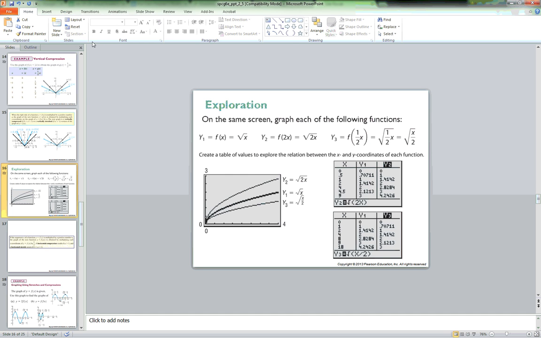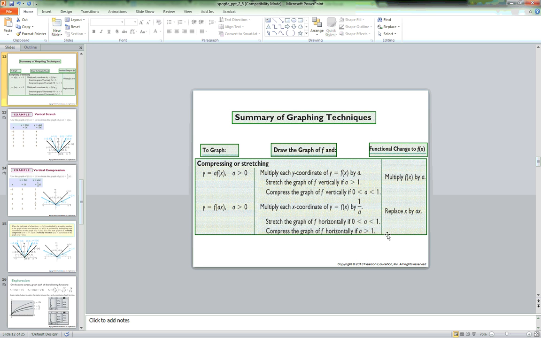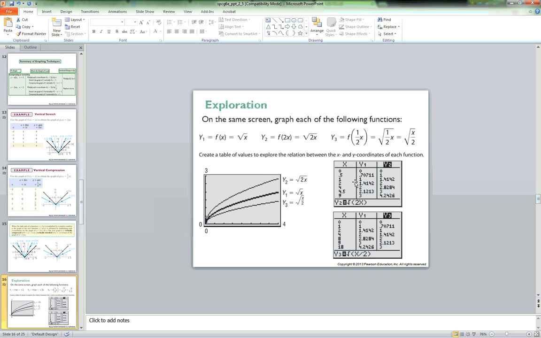And if we look at what this says, it says multiply each coordinate of f of x by 1 over a. So we're going to get a taller, fatter graph. And then if we take our function and replace x with 1/2 x, we are going to get a horizontal stretch. So it is tighter to the x-axis than the parent function.